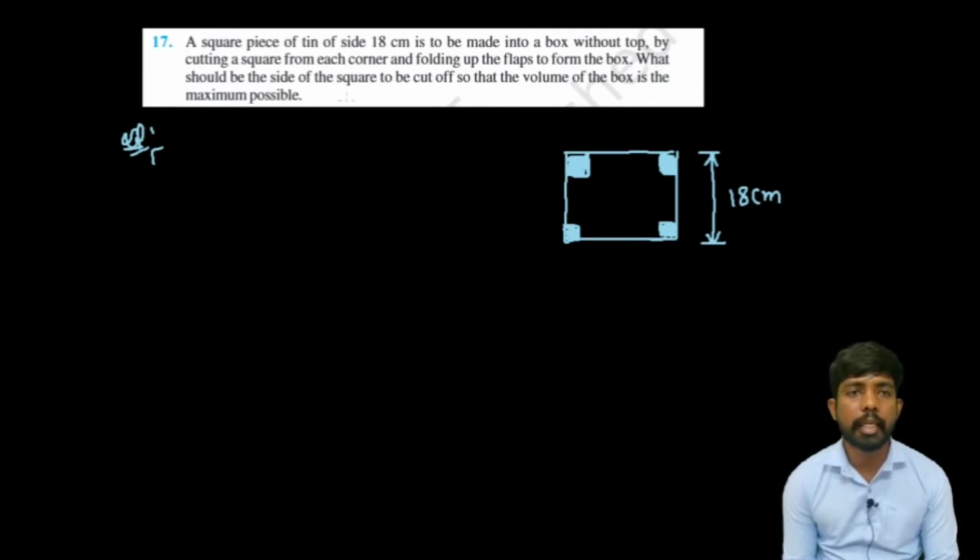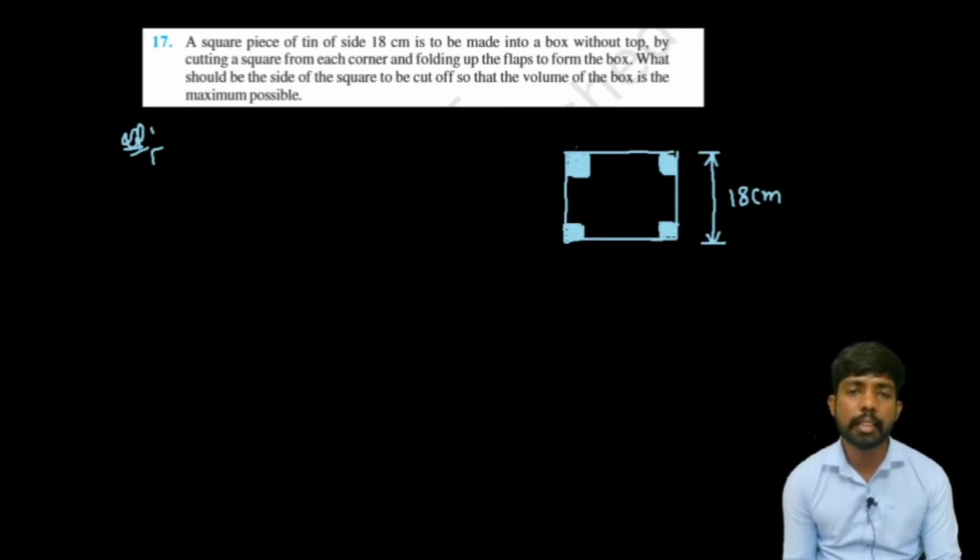What should be the side of the square to be cut off so that the volume of the box is maximum possible? So he is asking at what value of a side of a square should be cut so that the box can generate a maximum volume.